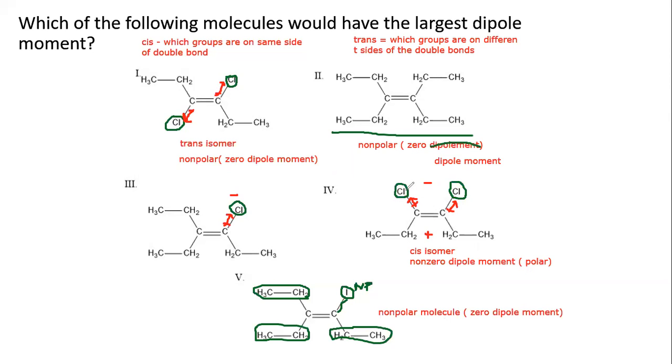But since we have 2 chlorine groups, the difference in the sides of the molecule is very well defined. So this has a greater dipole moment in this direction. So number 4 would have the largest dipole moment. And then number 3 would have the second largest dipole moment. The others would have a 0 dipole moment.